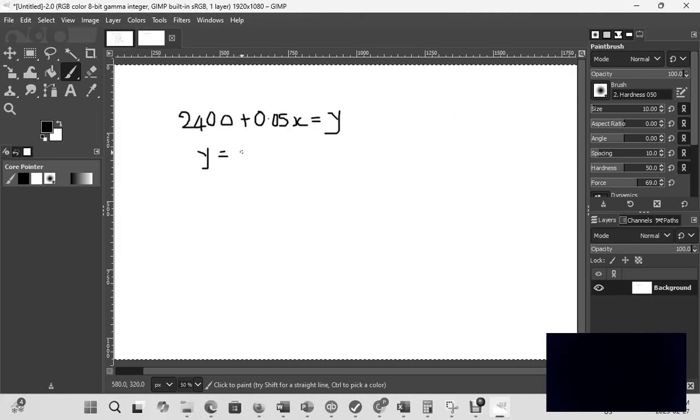So Y equals 2,400 plus 5%, so 0.05X, and Y is 3,600 over here. This is the required amount, which will be 2,400 plus 0.05X.